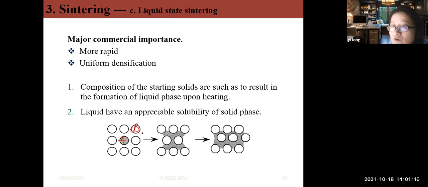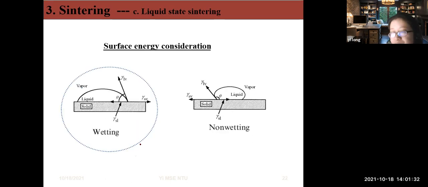So that's what we have here: the composition of the starting solids is such as to result in the formation of a liquid phase. So you can see you have a liquid phase, which means now this one changes to gamma, because this is L. Liquid in between.